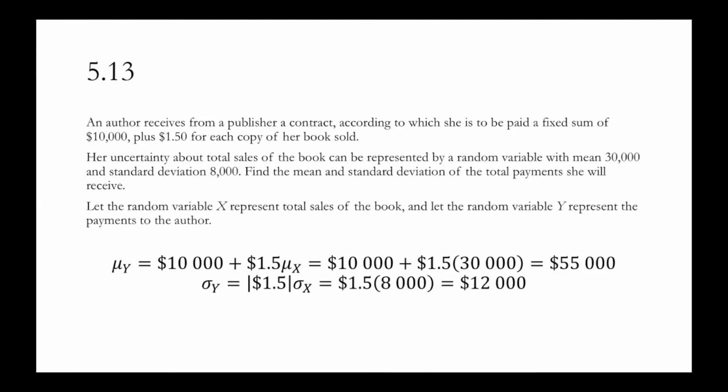So we want to find the mean, and so we take the fixed value that she is to be paid, plus the amount she is going to be paid for every copy times the mean number of copies sold, and we calculate then that the mean of the total payments will be $55,000.